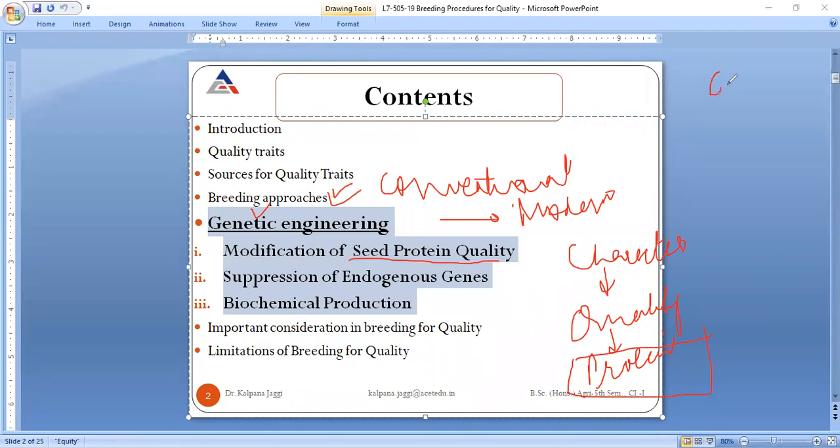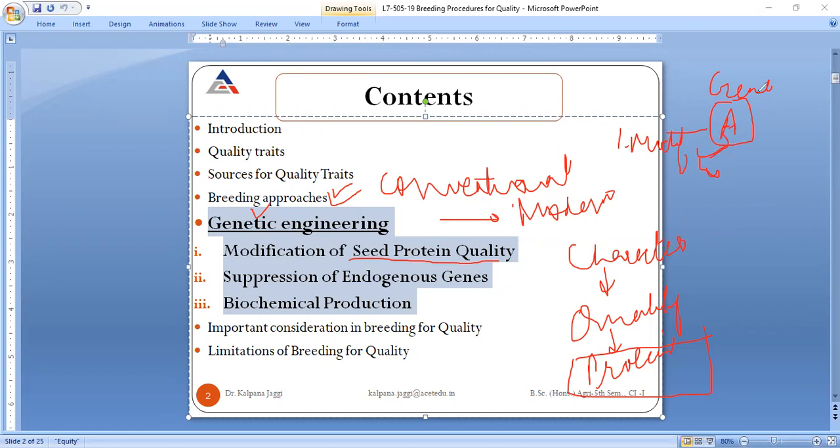Suppose this is gene A that is actually controlling the protein quality. Very first, if we see this is no more giving us good results, we can modify it. The very first step is to go for its modification. Modification is further of two types, which I will let you know in brief later on.